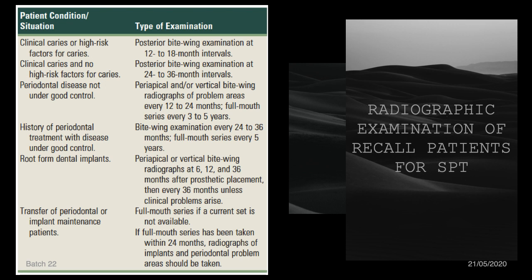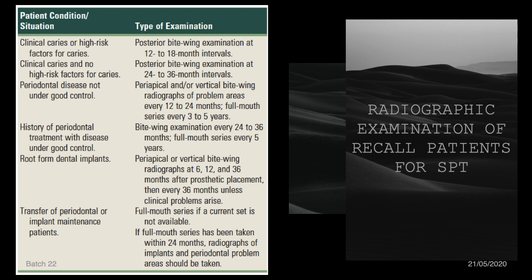If the patient has a history of periodontal disease with the disease under control, you can prolong the frequency of radiographs to 2 to 5 years. If the patient has periodontal disease and is not yet well controlled, then you have to take a radiograph every year.